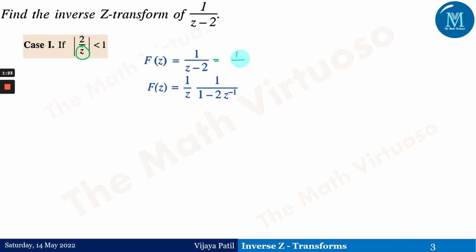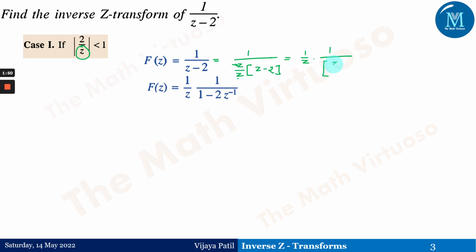So we have to divide and multiply the denominator with z. Then this particular z will remain as it is over here, 1 by z, and the other z will go in the denominator inside the square bracket.